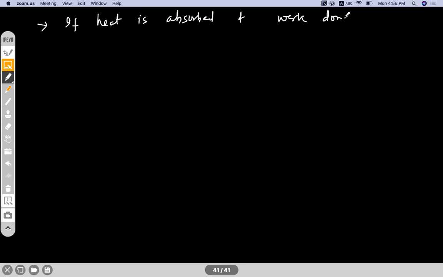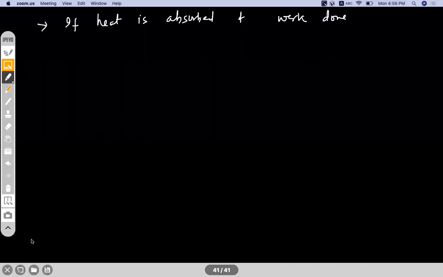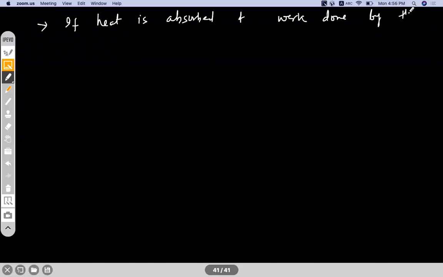Okay, next you see, if heat is absorbed and work is done by the system, what can we write? The system is doing work, so work done is negative. Heat is absorbed, so it is positive.